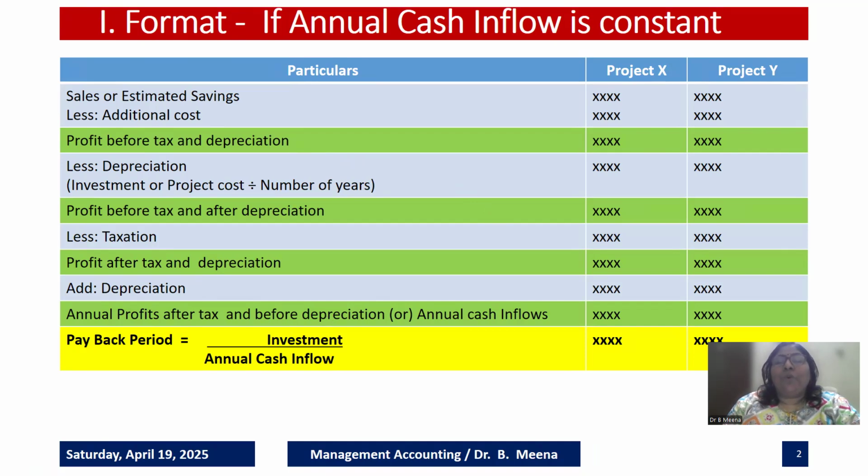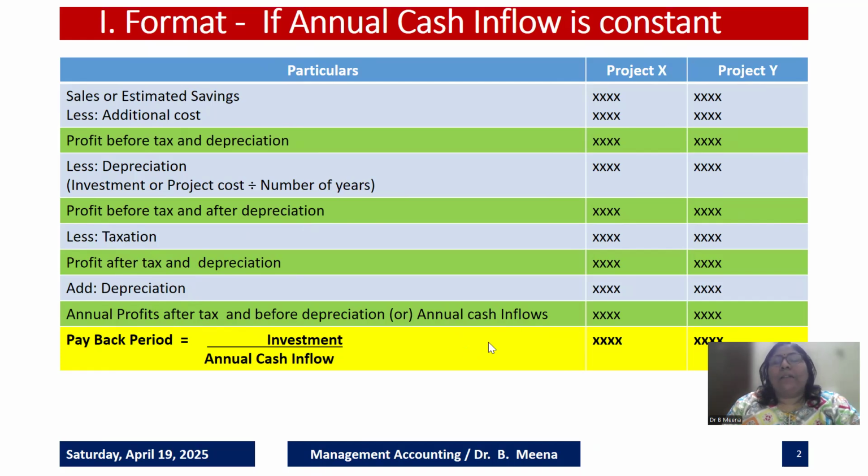Whenever you have profits in the problem, we need to compare the values of the depreciation, deduct the depreciation and get the profit before tax after depreciation, and then deduct taxation. Then the final answer will be profit after tax and depreciation. But annual cash inflow is profit after tax, but before depreciation. That's why we add the depreciation in this format to calculate the annual cash inflow.